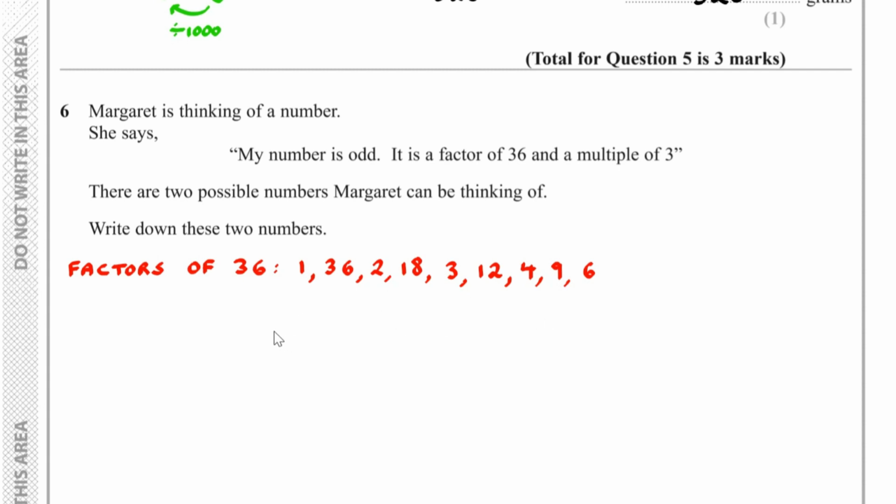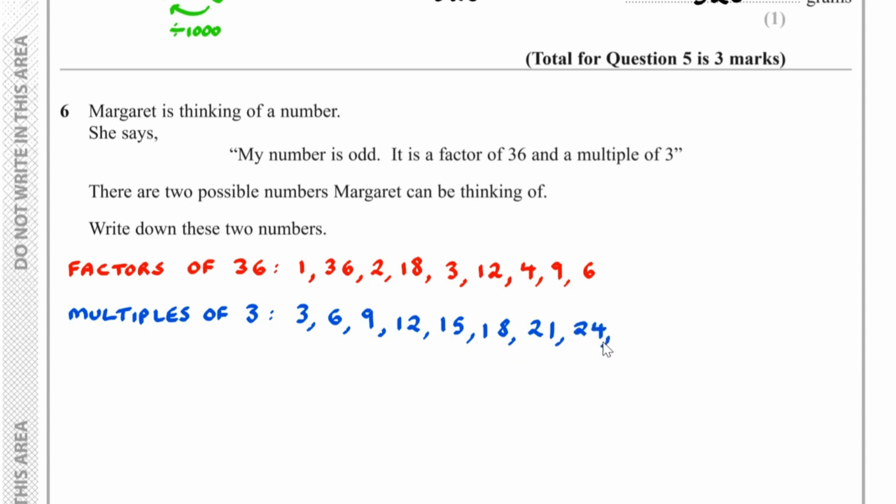Here are the factors of 36. If we write down the multiples of 3, we've got 3, 6, 9, 12, 15, 18, 21, 24, and so on.